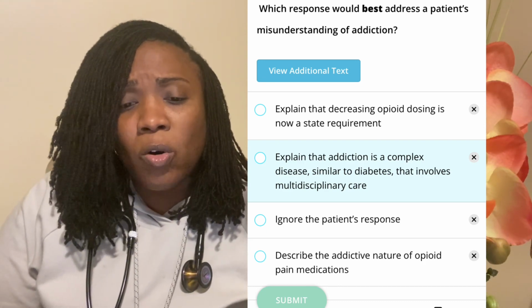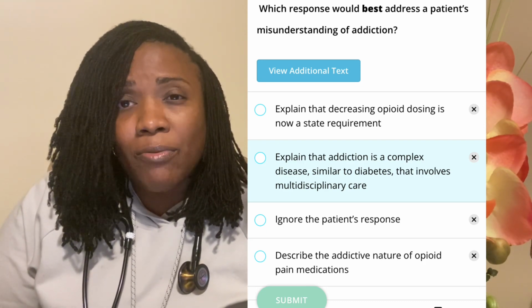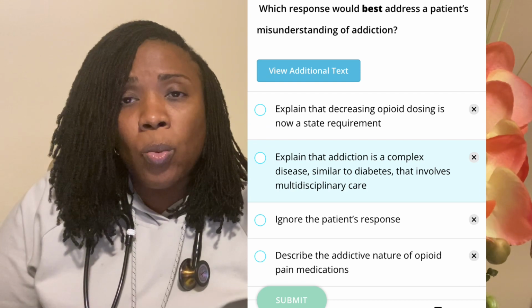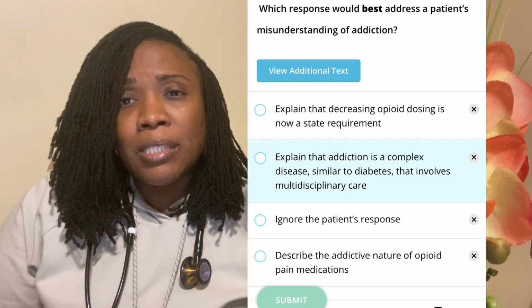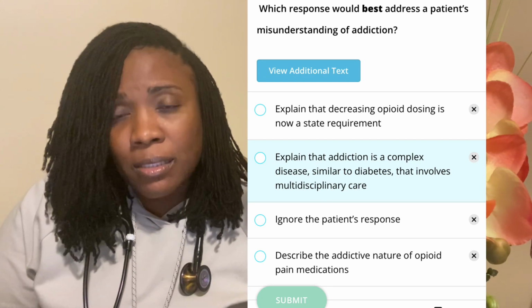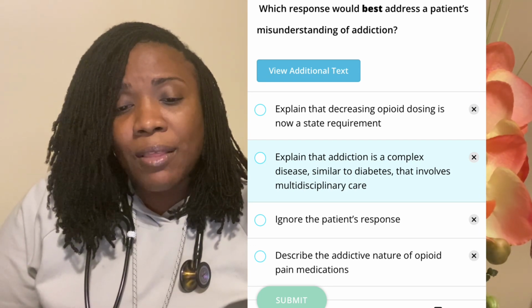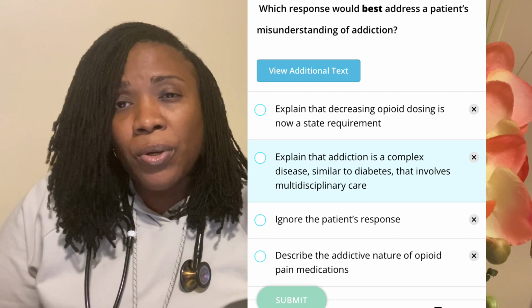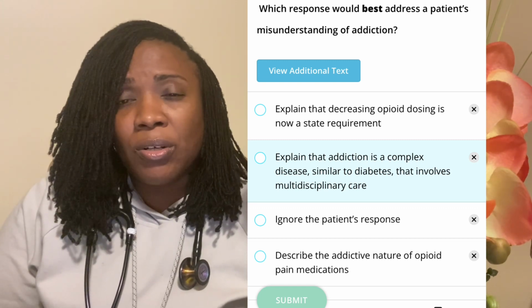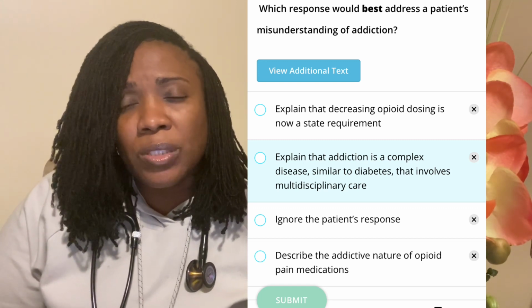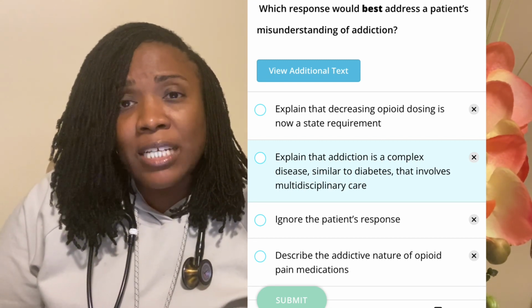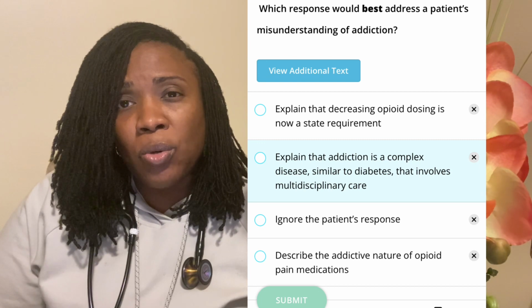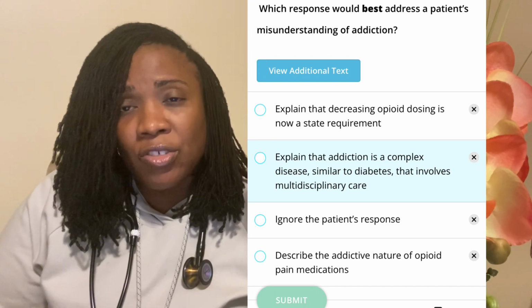Explain that decreasing opioid dosing is now a state requirement. So when patients are placed on opioid medications, depending on the dosage, it is definitely a state requirement that we reduce opioid doses. Say you put a patient on a high dose of opioid medication for an acute situation; it is recommended that you don't just take the patient off the medication cold turkey.